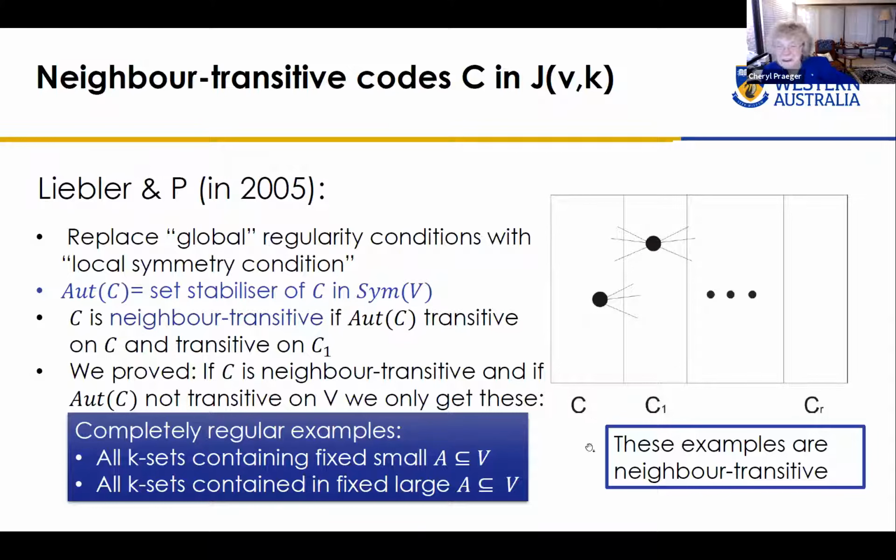So they're completely regular and they're also neighbor transitive. But it means that we're going to be looking for some different sorts. And so we'll always have that the automorphism group is going to be transitive on the base set V.